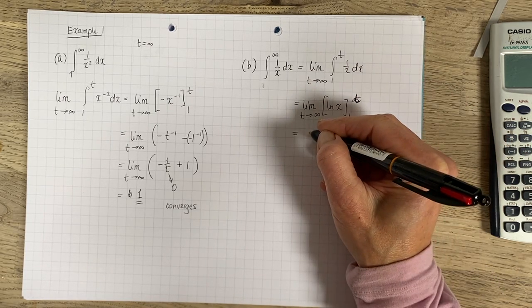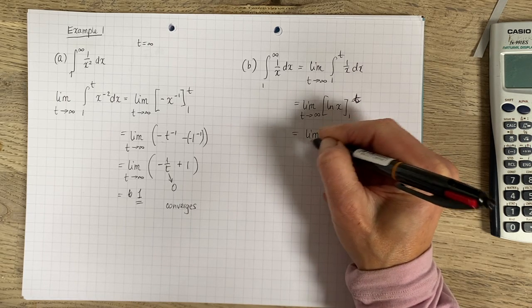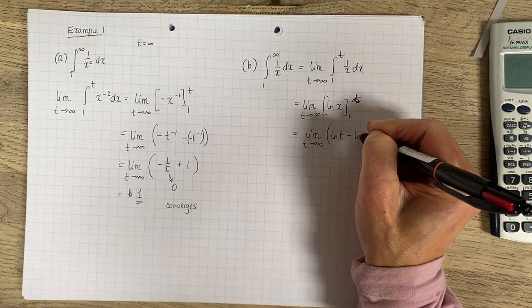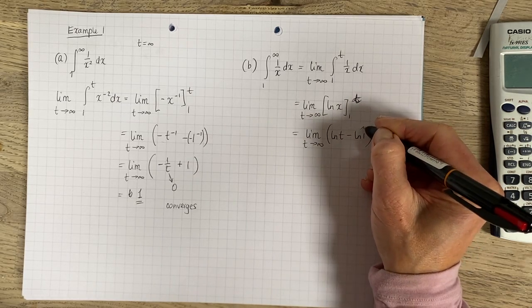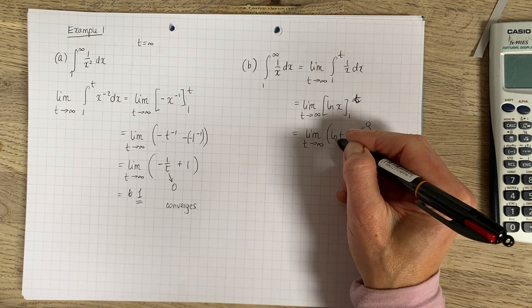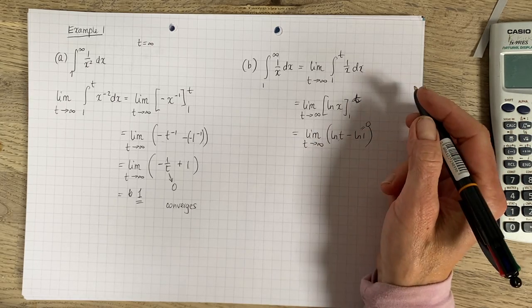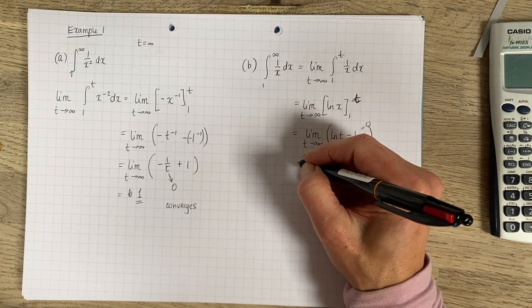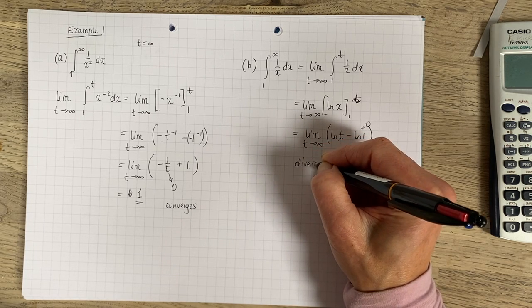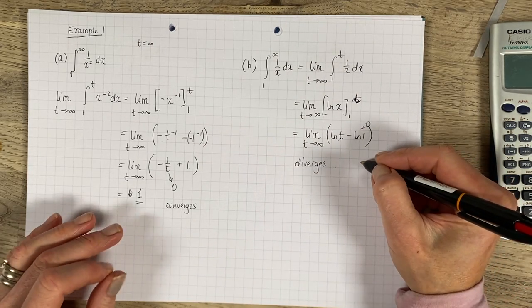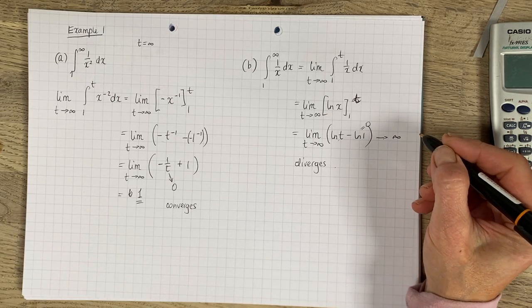I'm going to write it as ln t minus ln 1. ln 1 is equal to 0, so we've got just ln t. If you substitute infinity for t, ln infinity tends to infinity, although very gradually. It will clearly diverge. So it is undefined because that tends to infinity.